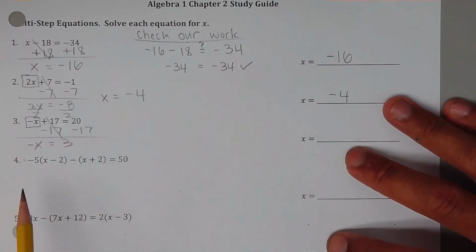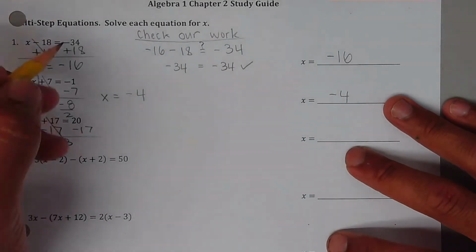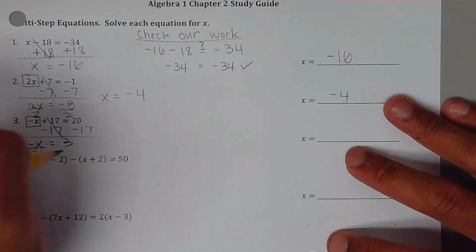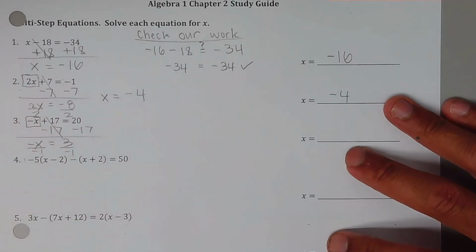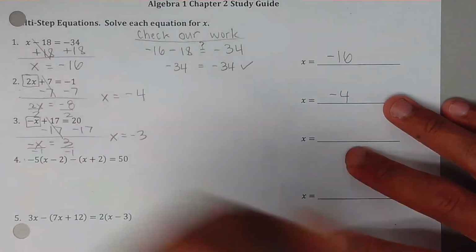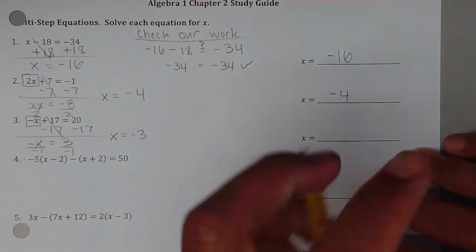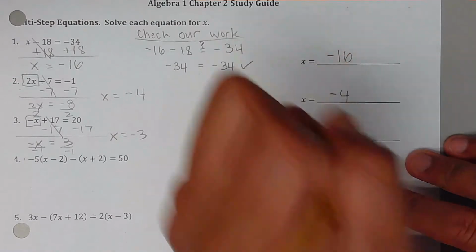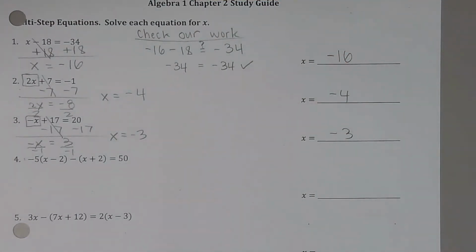Lastly, some students may get confused when we get to here. Think of this as a negative 1. Divide both sides by negative 1. We get x is equal to negative 3. Right there, we can write it right there. X is equal to negative 3.